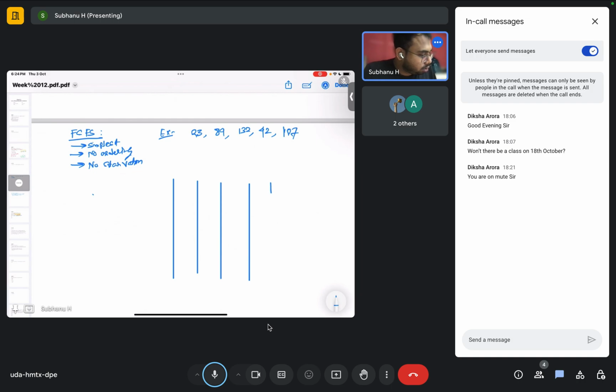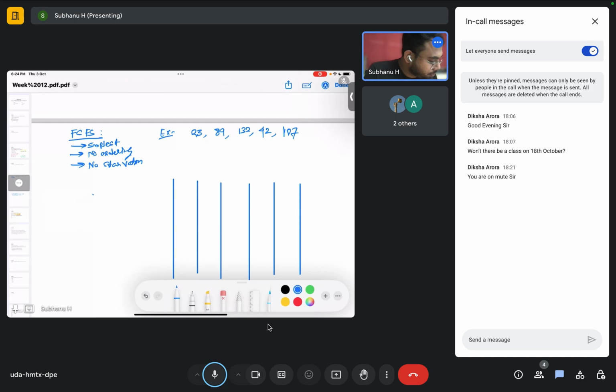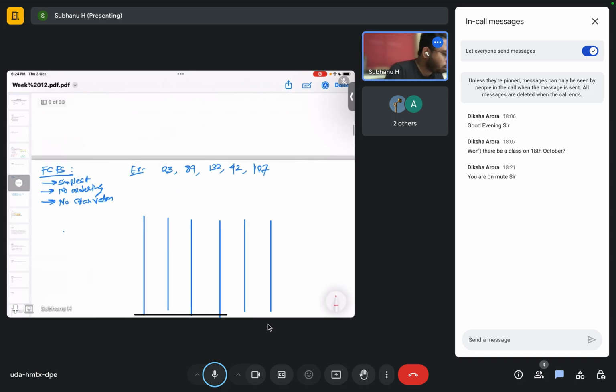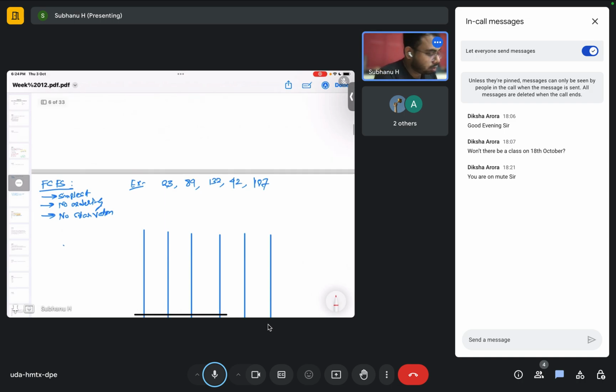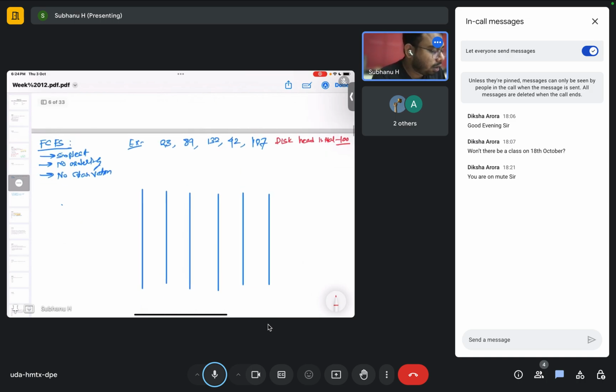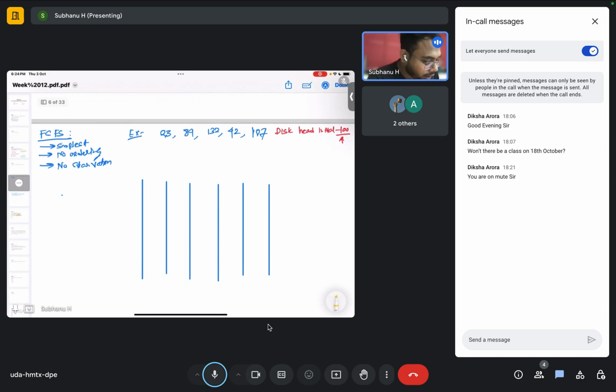Six. I will be starting from the disk head, initially at 100. Initially this is situated at the 100 position. Find out the total seek time.